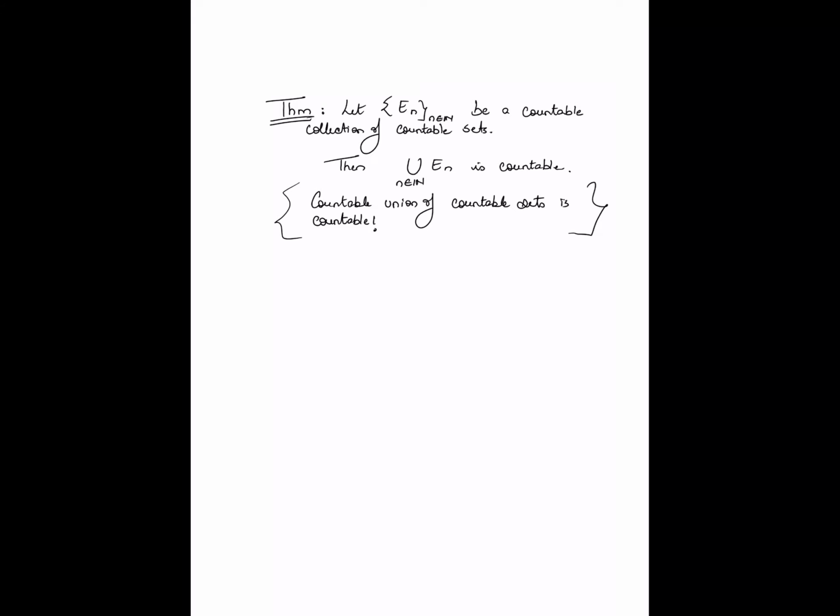Okay, so now I want to go through the proof of this. The proof is actually remarkably straightforward. I'm just going to draw a picture and show you that this is true. What I'm going to use is the fact that the sets E1, E2, E3, E4 and so on can be put into a list, right?